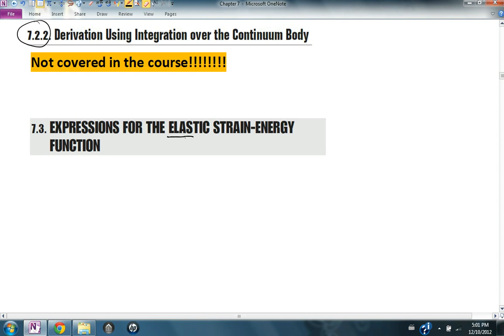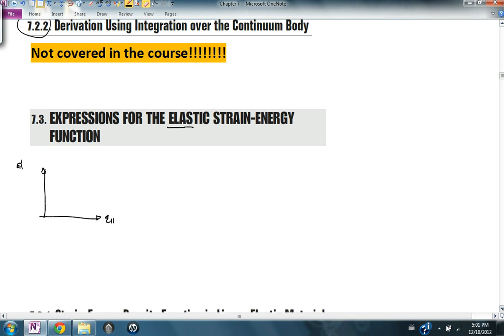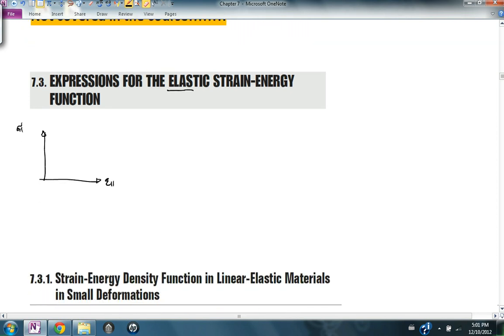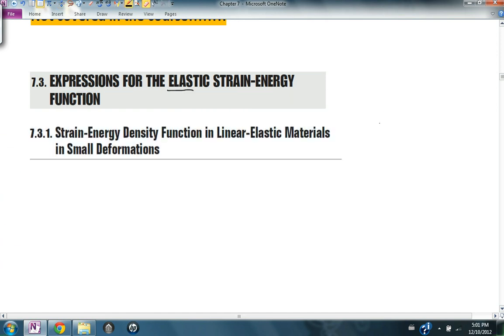In linear elastic materials, I know that the stress and the strain, this is sigma 1 and this is epsilon 1, have a linear relationship between them.